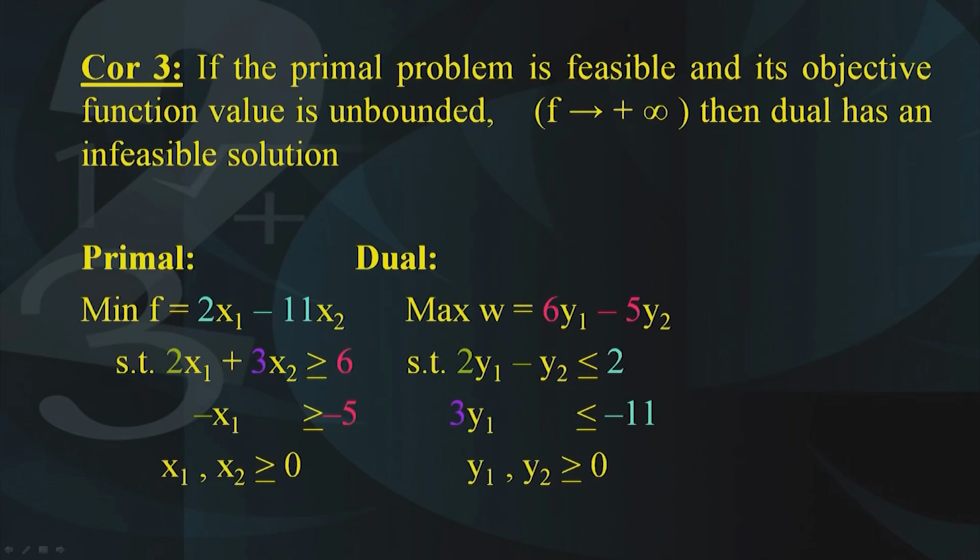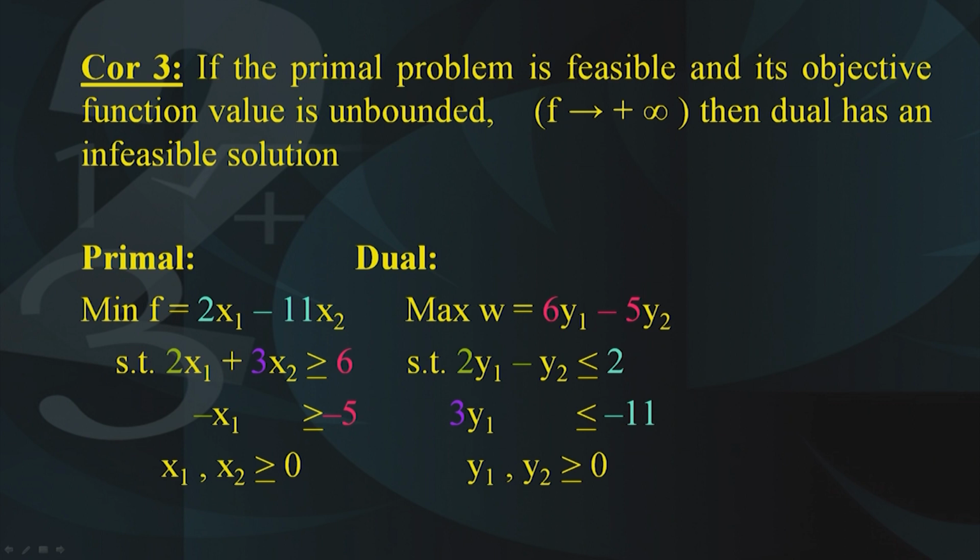Another interesting corollary is the third corollary, that is, if the primal problem is feasible and its objective function value is unbounded, that is, if f is going to plus infinity, then the dual problem has an infeasible solution.